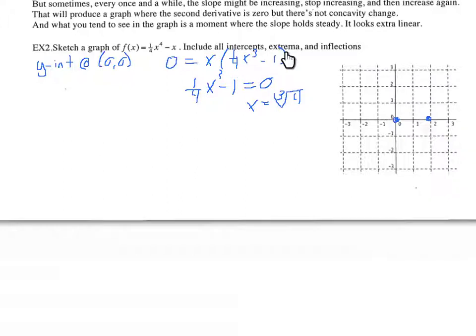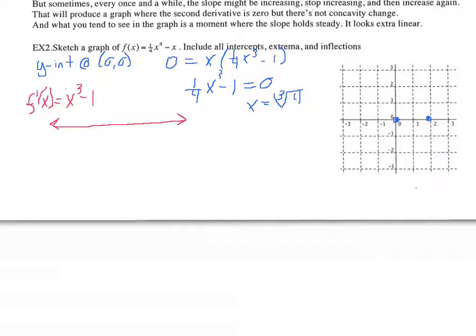Now to get our extrema, we need to take the first derivative. The first derivative is going to be equal to x^3 minus 1. We're going to do the number analysis here for the first derivative. We're looking for when the first derivative is either 0 or undefined.